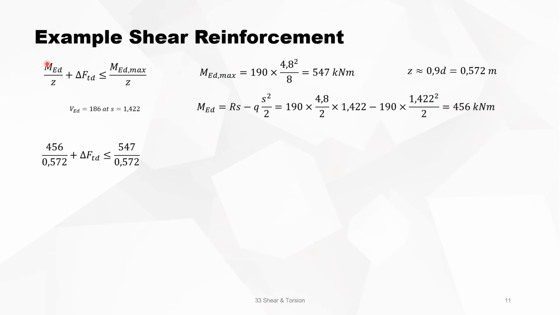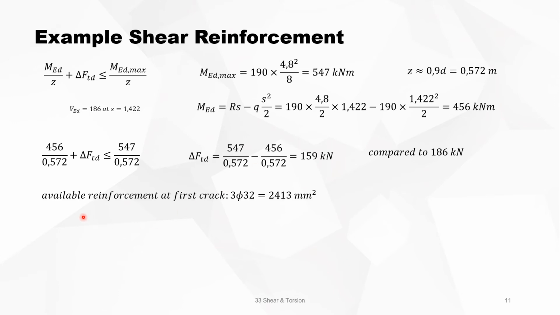If we now put those numbers in this equation, then we see that the maximum value of the additional tension in the reinforcement is 159 kilonewton and not the 186. So we use 159.